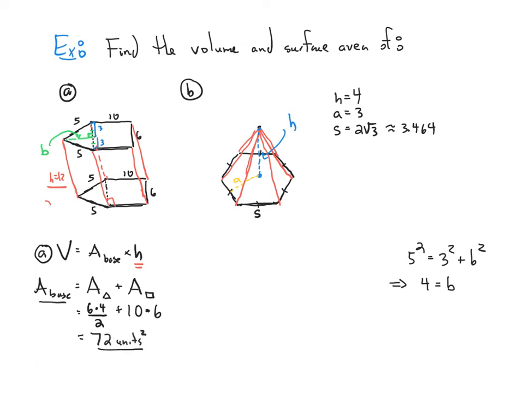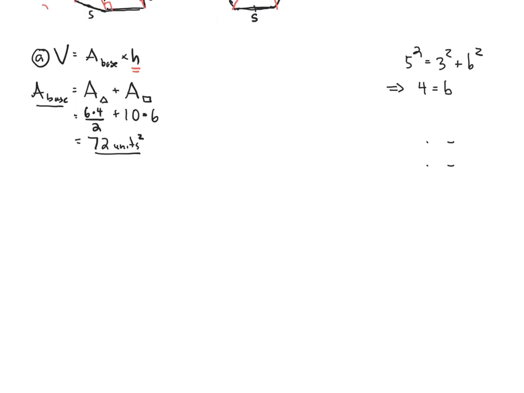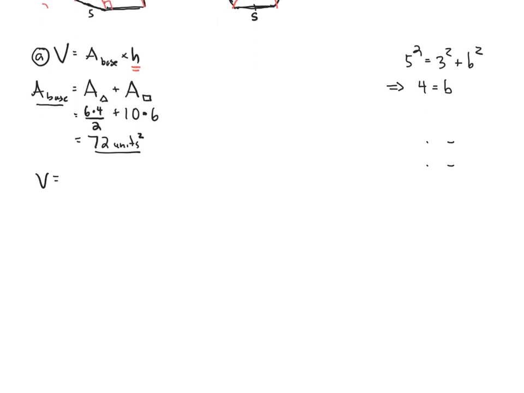So now, let's figure out the volume. The volume is the area of the base, which is 72 units squared, times the height, which is 12 units. So our answer is 72 times 12, 864 units cubed.